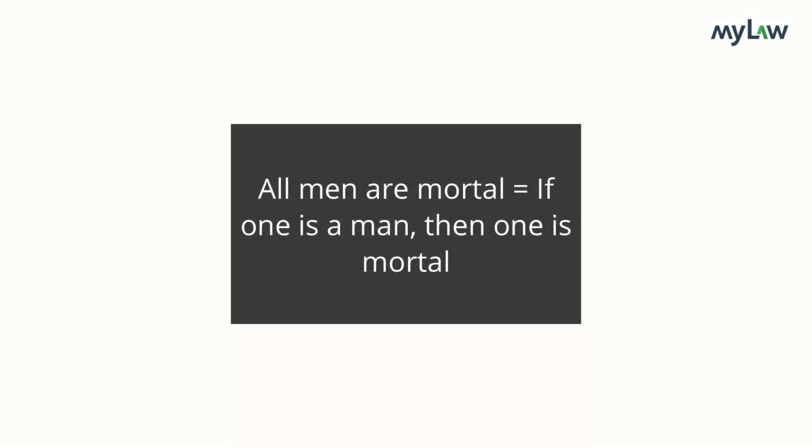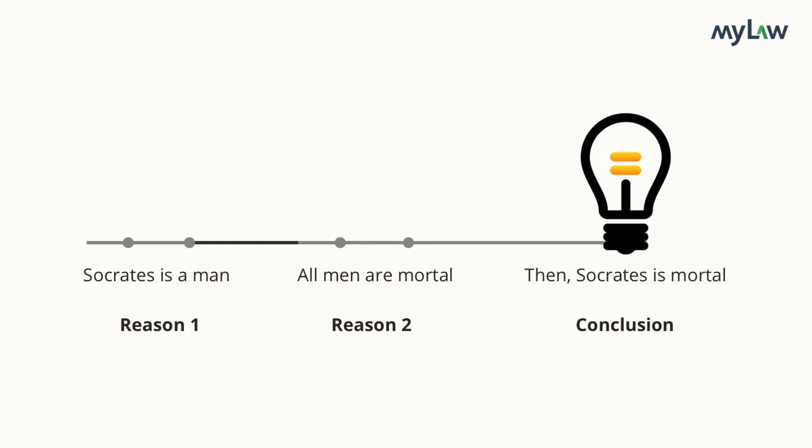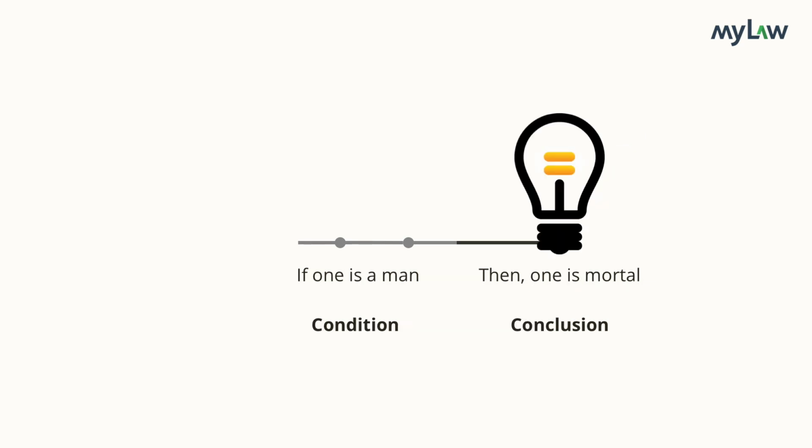All men are mortal can therefore actually be written as if one is a man, then one is mortal. Instead of two switches, we have one switch. If one is a man is a condition that can only have two answers, yes or no, it can therefore be depicted as a switch, one that has on and off positions.